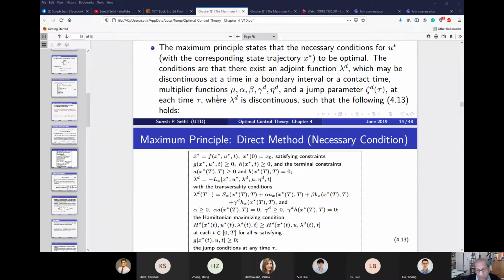Then multiplier function mu, alpha, beta, gamma d, eta d, and a jump parameter zeta d tau at each time tau where lambda d is discontinuous. That's too many commas. So I'm asking Khusali to remove this comma and this comma. So this reads, and a jump parameter zeta d tau at each time tau where lambda d is discontinuous.